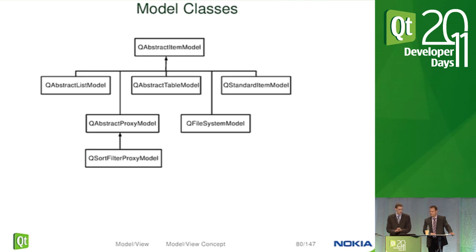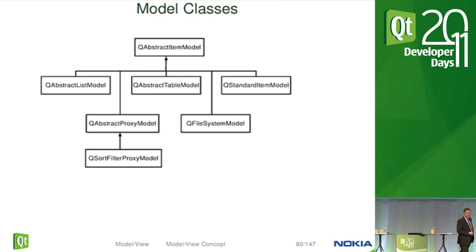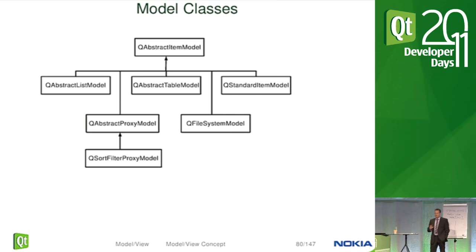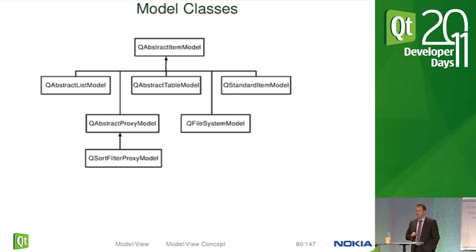There we go. OK. This is the complete list of models available, at least when I read through the documentation recently. At the very top, we have QAbstractItemModel. This is by far the hardest one to implement, and often you don't need to. If you just want a simple list of things, like a list of the names of all the people in this room, we don't need a tree for that.